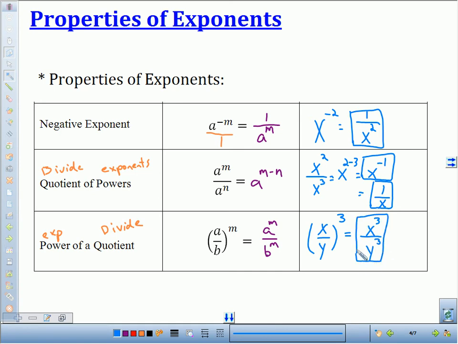Now those are our main properties. I know that there's a lot of them, so what I would suggest is you stop the video at this point, look over those properties, make sure that you get an idea of what each of them is. You'll be able, of course, to look back through your notes as we go through assignments, but you do want to be able to identify which of the properties is being used at any one time, because when we start going through our examples in a minute, that's what's going to happen.